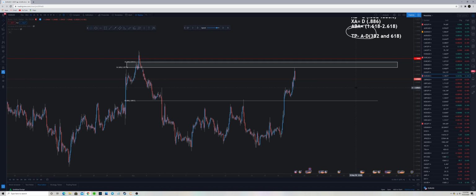A lot of times harmonics tend to get so close to the D point and they just gap it. They barely touch it and they quote unquote push down, but it's considered a stop loss hunt, because banks know this and they barely gap the reversal zone, and then they push it down to make the retail traders or the beginners or rookies, whatever you want to call them, chase the trade.